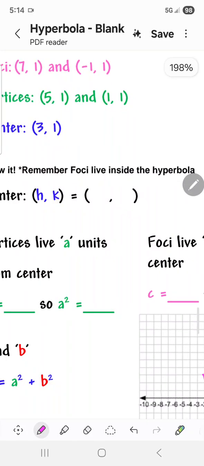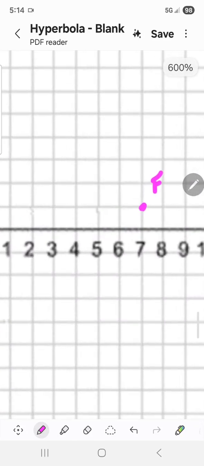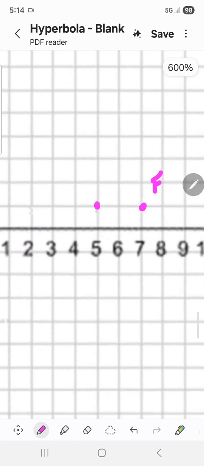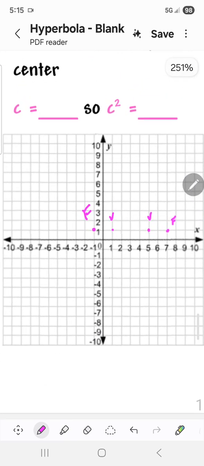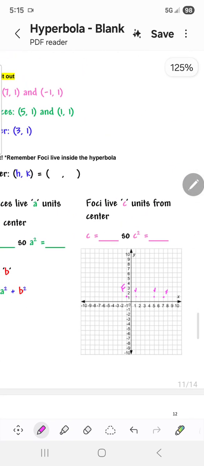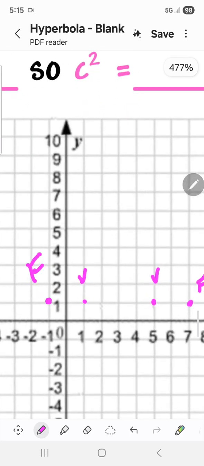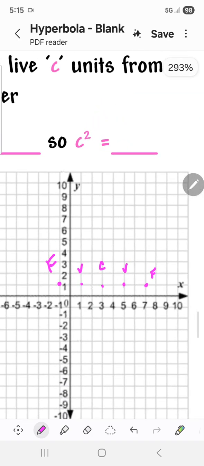It tells me the vertices are (5, 1) and (1, 1), and my center is at (3, 1). I can already tell you that this hyperbola is opening up left and right because the foci live inside the hyperbola.